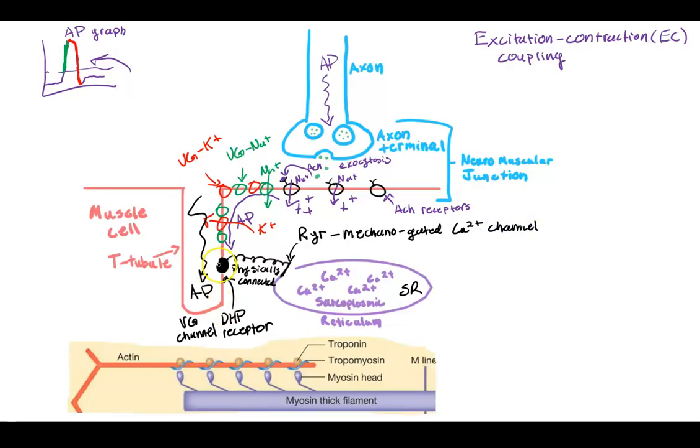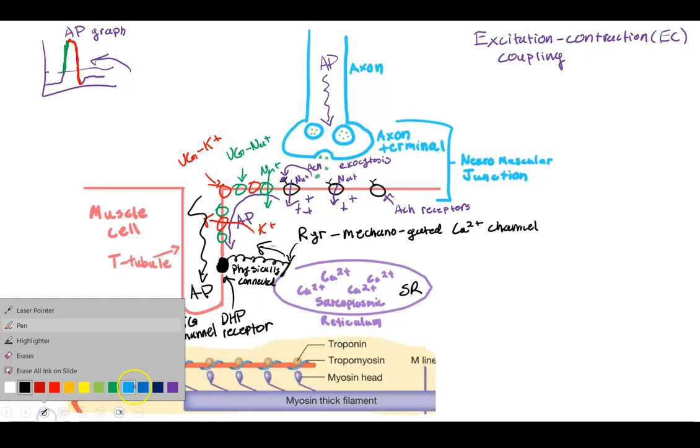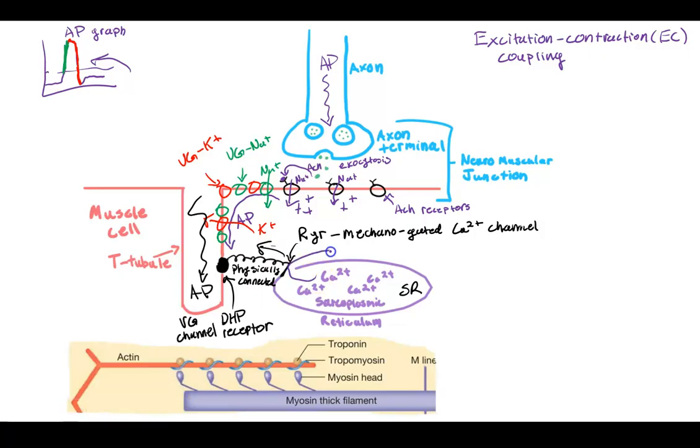So when the DHP receptor opens, it is physically connected to the RYR, and it kind of, if you will, pulls on the door of the RYR. And this causes a mechanical deformation of the sarcoplasmic reticulum membrane, which opens this mechano-gated calcium channel. Once the calcium channel is open here, the calcium inside of the SR can now flood out. So from this slide, we're actually seeing the SR for the first time in a little bit more detail as well.